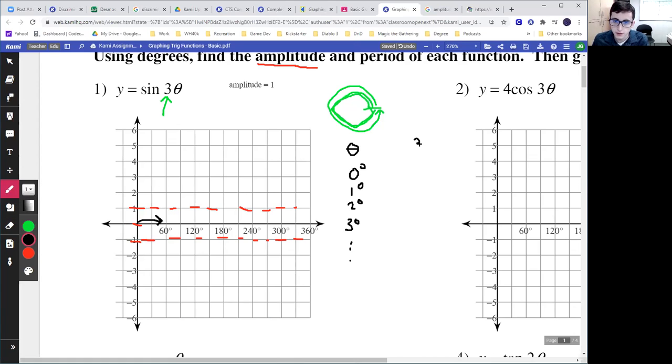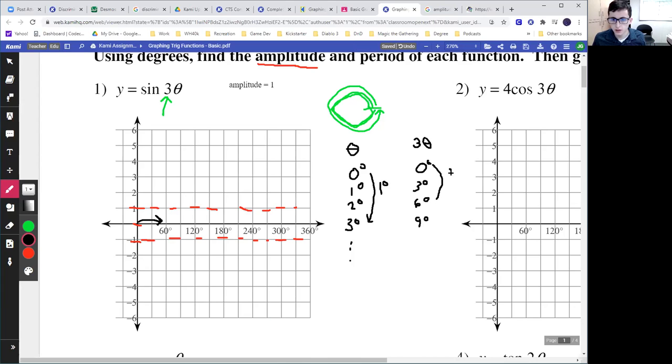So when you consider 3 theta, 0 is still 0, but now 1 is 3, 2 is 6, 3 is 9. If you look at this, you would say that this is increasing 1 degree per step.